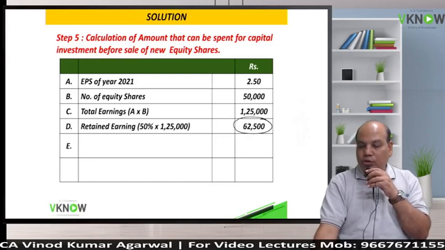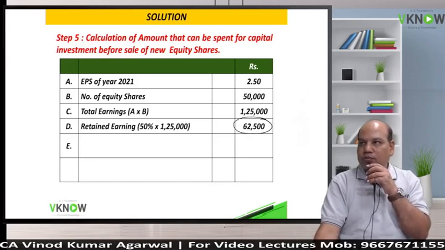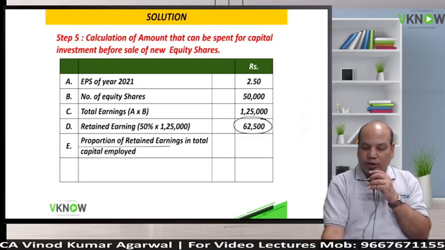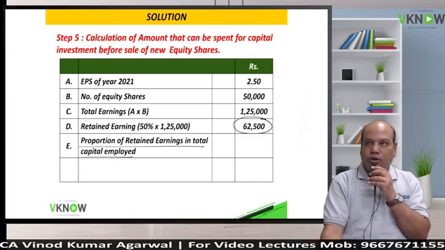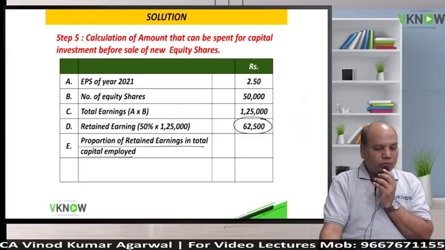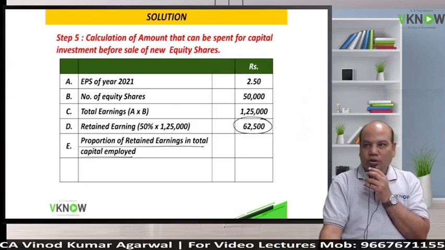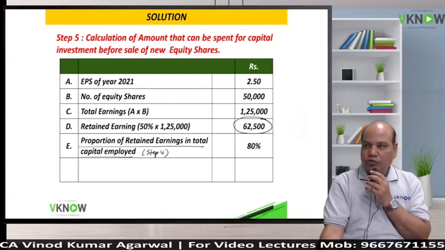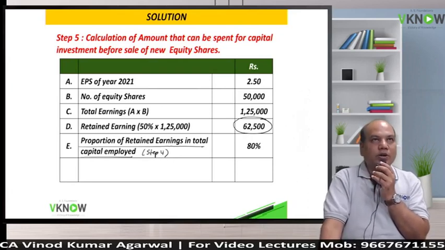So it will be only 80% of the total fund. So write down proportion of retained earning in total capital employed. This is 80% as computed above, as per step 4.